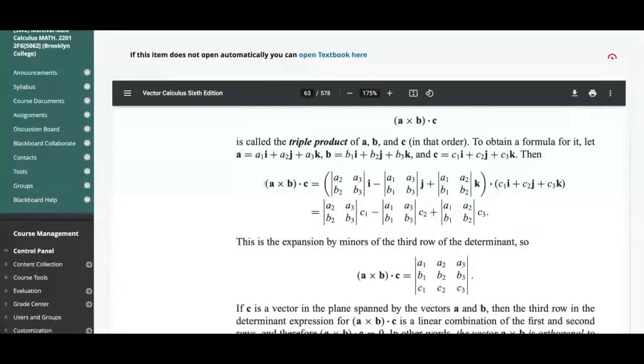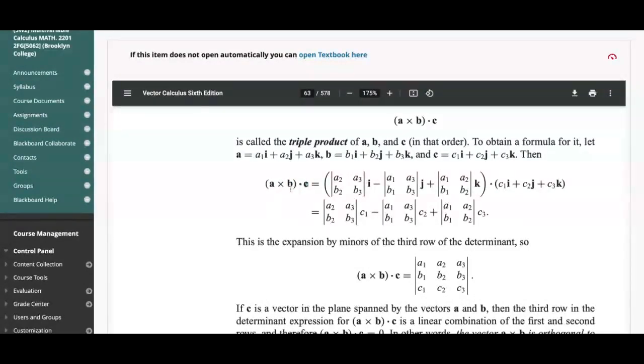Determinant, sometimes we can write it in this case. It says A cross B is a vector, then take the dot product with the third vector.